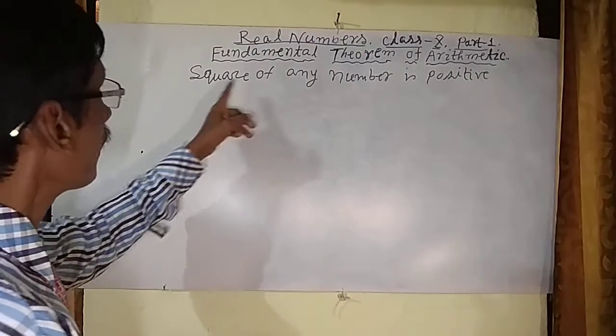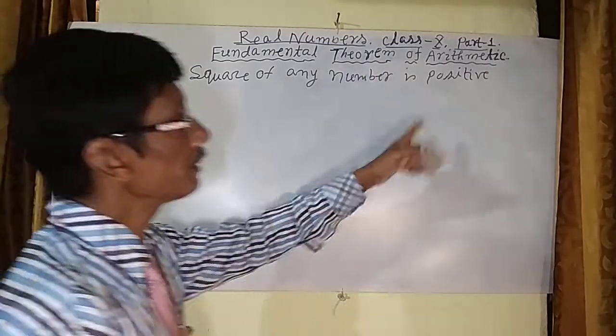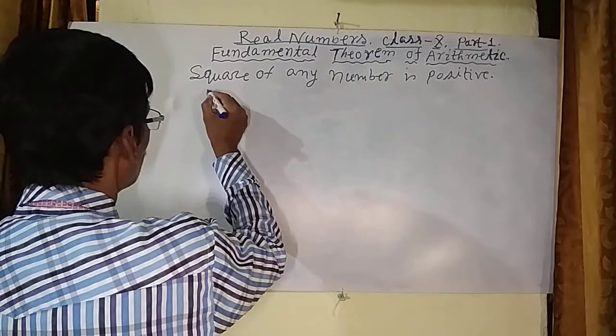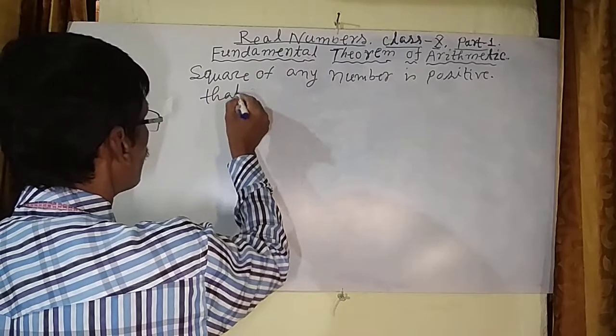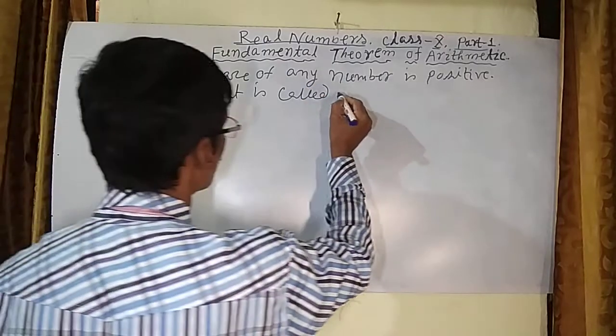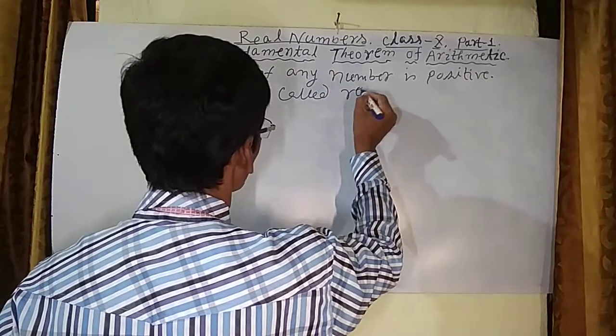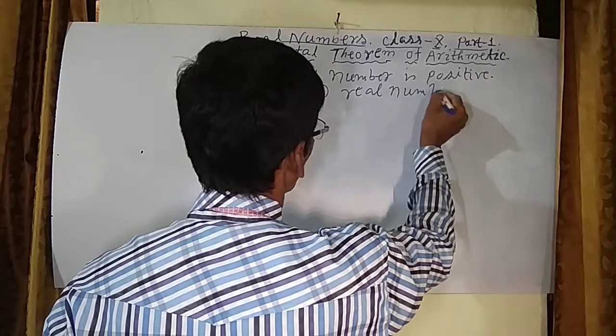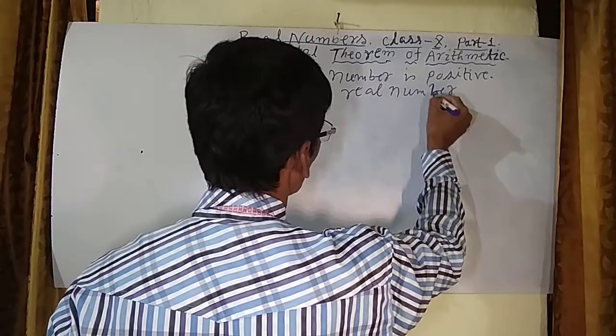Okay, square of any number is positive. That number is called real number.